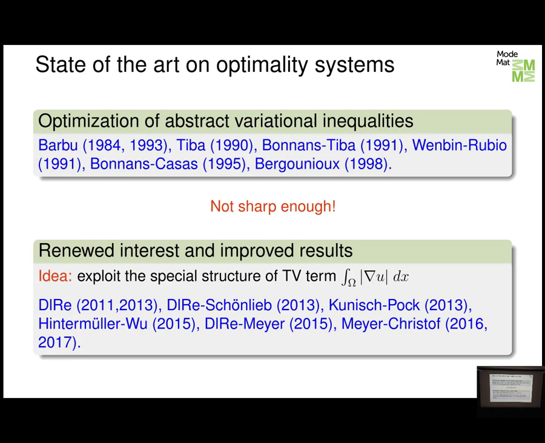So when we considered this type of problem, we were also thinking about making something more specific to the type of regularizer that we had. The total variation is not a general variational inequality for every convex function, but it has a specific structure that you may exploit in some ways.